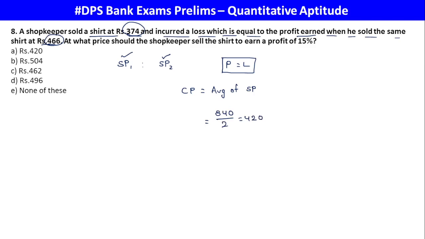What selling price gives 15% profit? Selling price is 420 plus 10% which is 42, plus 5% which is 21, that is 63, so 483. ₹483. None of these is the final answer for this question. Done.